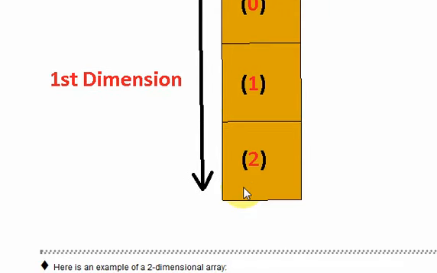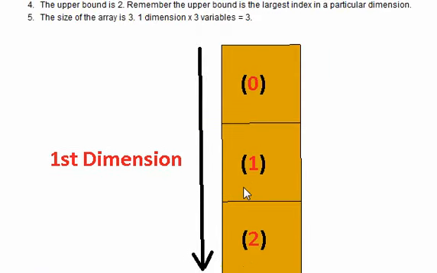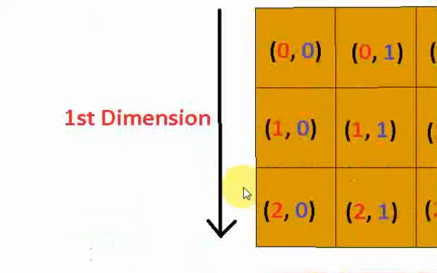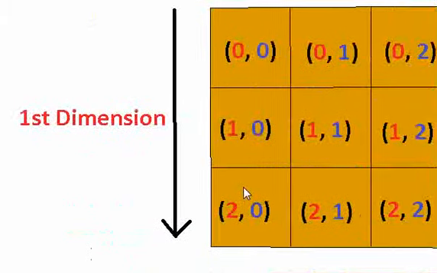Now, you can have a two-dimensional array that will be more than a column. It'll look something like this, where you have a first dimension down here that goes in this direction from top to bottom, and a second dimension that goes from left to right. And you could think of this as like a table in an Excel worksheet.